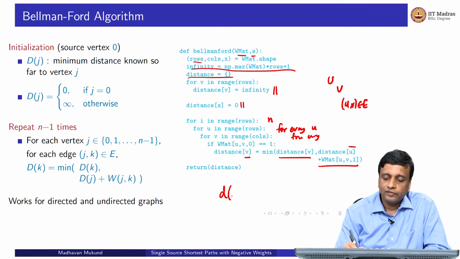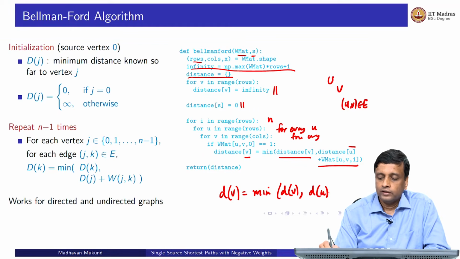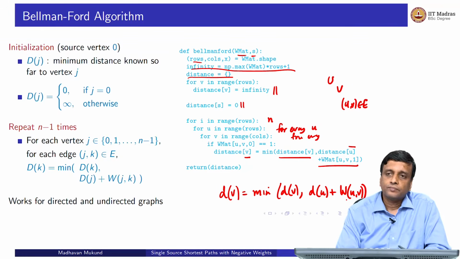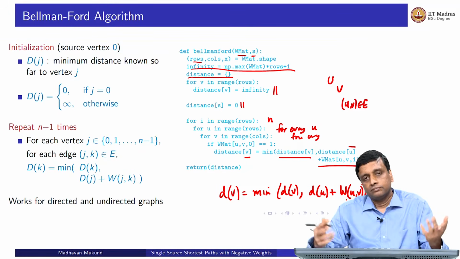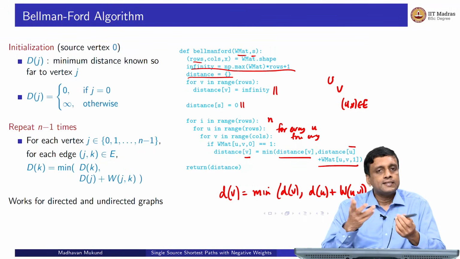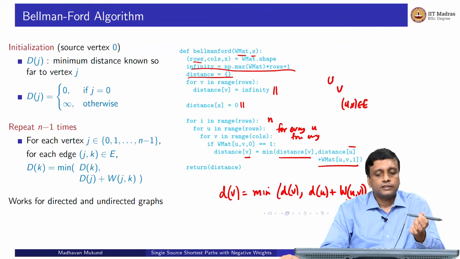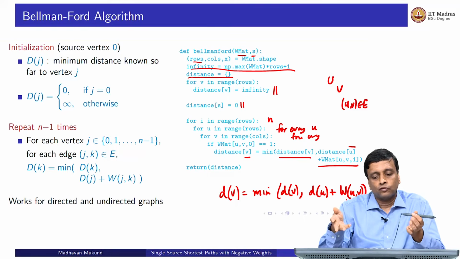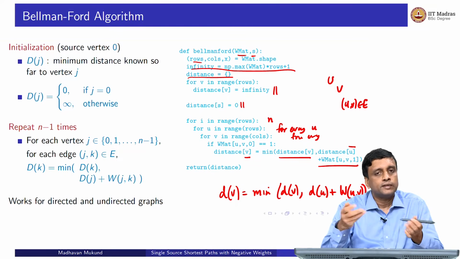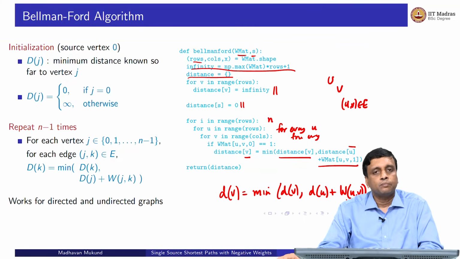So, we say d of v is going to be min of the existing d of v, or du plus the weight of this edge, and we just keep doing this blindly. And our analysis basically says if there are no negative cycles, then this is going to settle down, right. So, as you can see in terms of code, this is just a bunch of nested loops, and it's significantly simpler than Dijkstra's algorithm to implement.